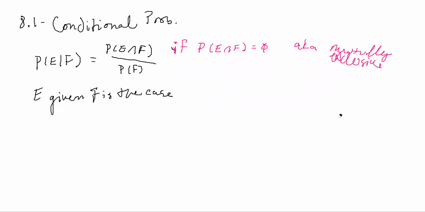But they are mutually exclusive. Then the probability of E given F will be 0, because if F is the case, then E cannot be the case. Okay. So that is a very important concept from this section.